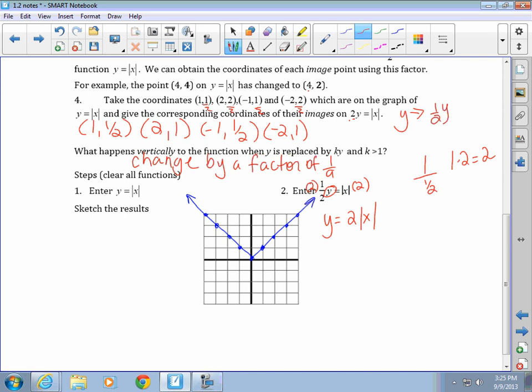Okay. So now this one, this value of 2 is going to make everything move in. Oops, I did that in the wrong one. No, that's okay. I'm on the right.